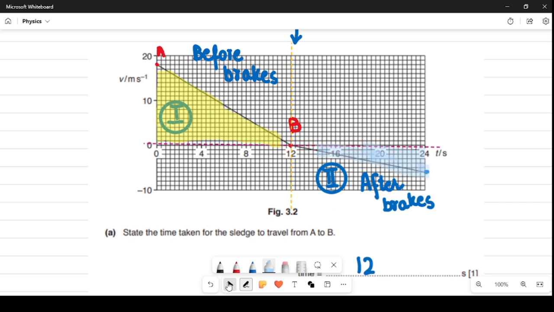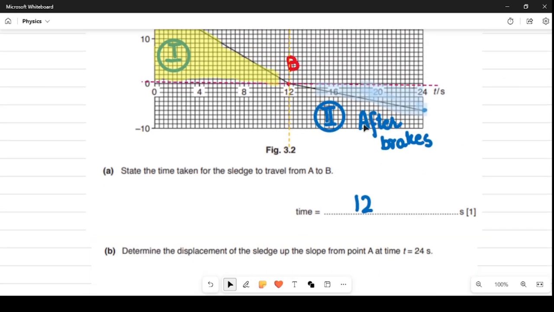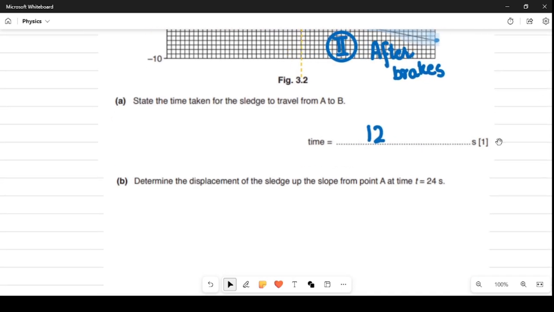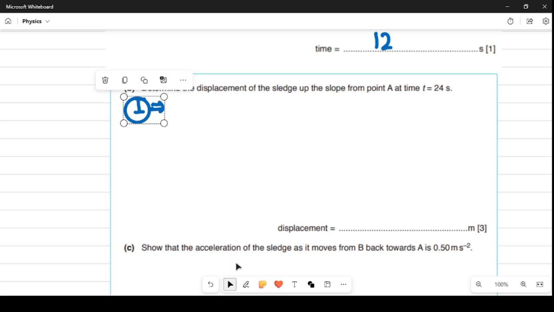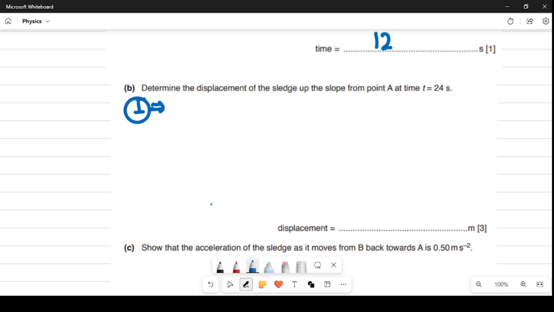Okay, so this triangle. Right, so we need to find the area. Let's do triangle 1 first, and then we'll move on to triangle 2, and then we will be adding the areas. So for our first part of the journey, that was before the brakes, when he was going from A to B, you have 1/2 area of a triangle, base into height.